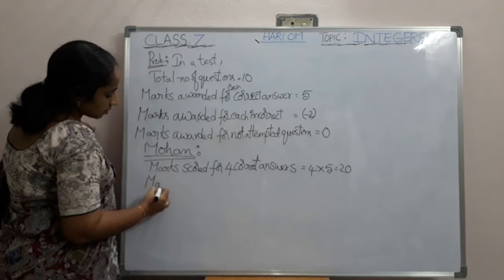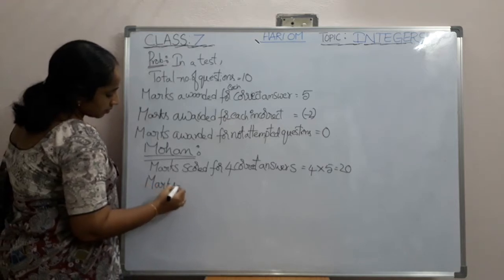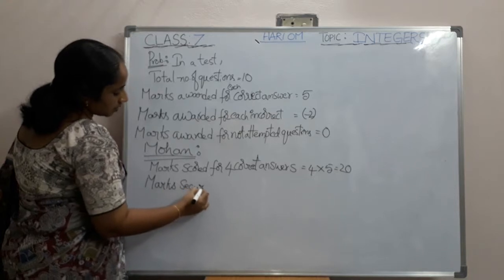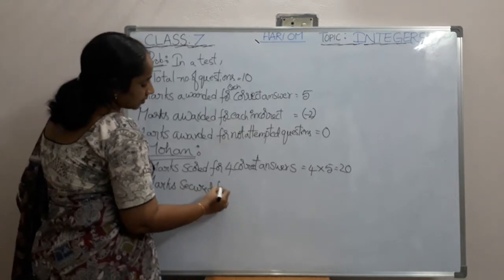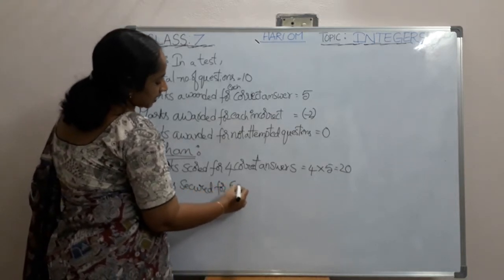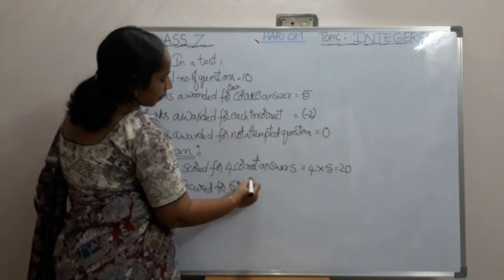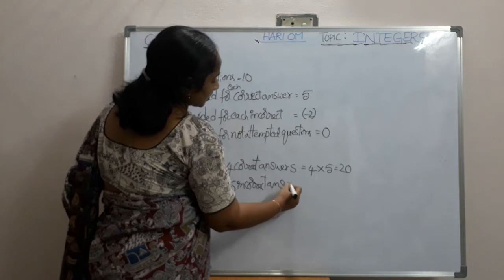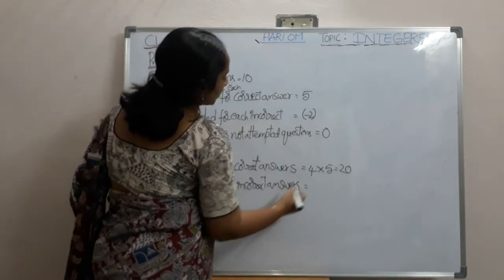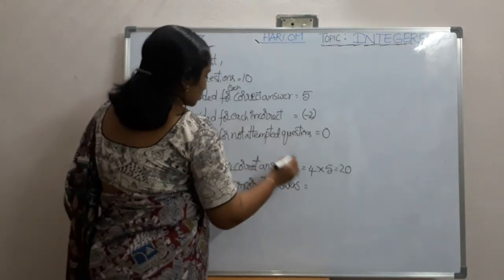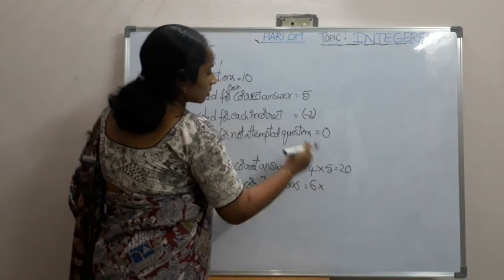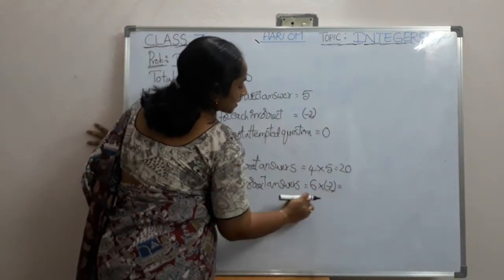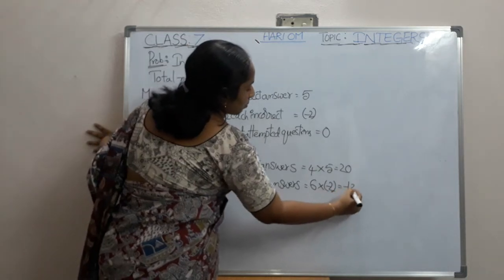Marks secured for 6 incorrect answers is equal to 6 into minus 2, plus into minus, which is minus 12.